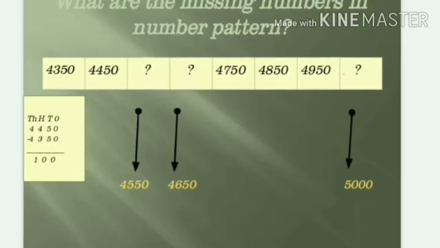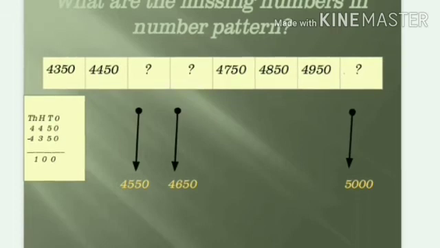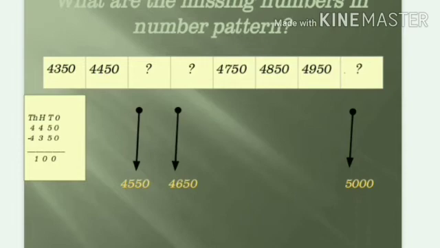So when we add 100 to 4350, we get the next term, 4450. When we add 100 to the previous number, we get the next term, 4550. When you add 4550 plus 100, we get 4650. So the series is going like this.